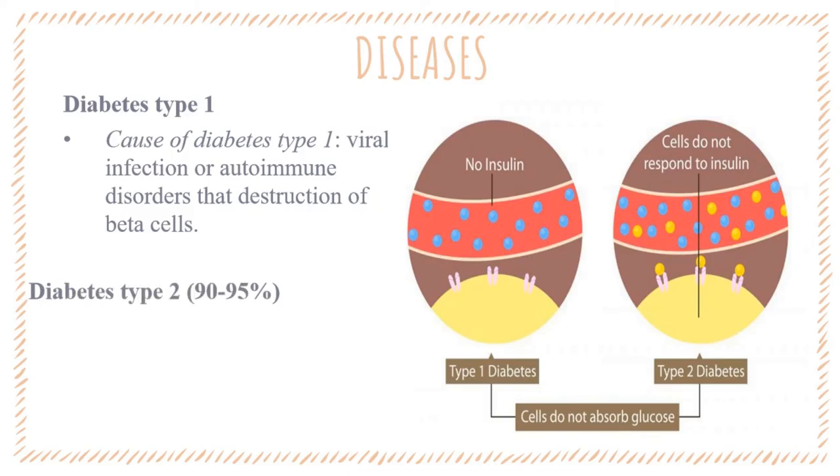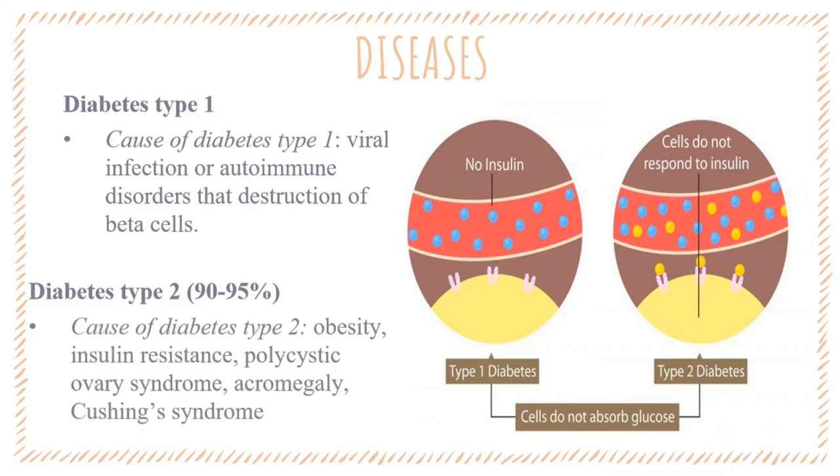Diabetes type 2 consists of 90 to 95% of cases. Diabetes type 2 begins with insulin resistance, a condition in which cells fail to respond to insulin properly. The common causes are obesity, polycystic ovary syndrome, acromegaly, and Cushing's syndrome.